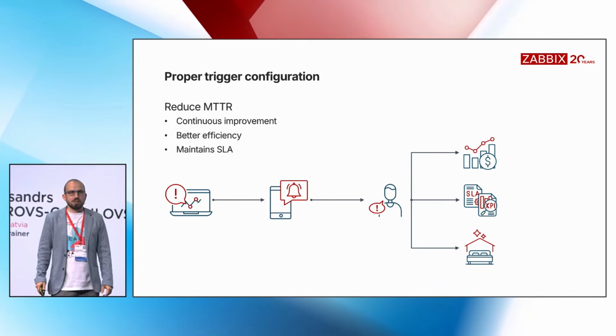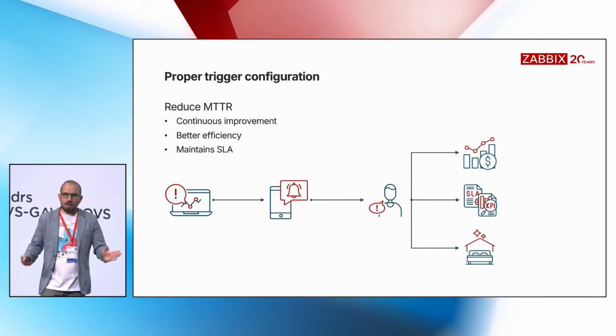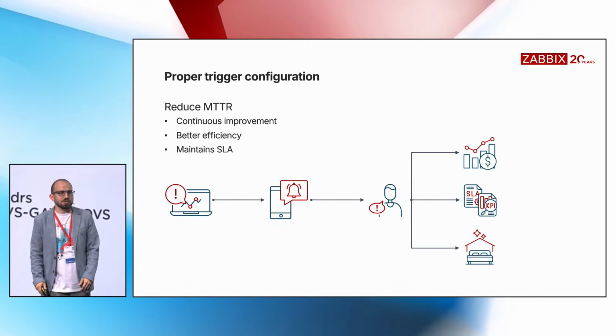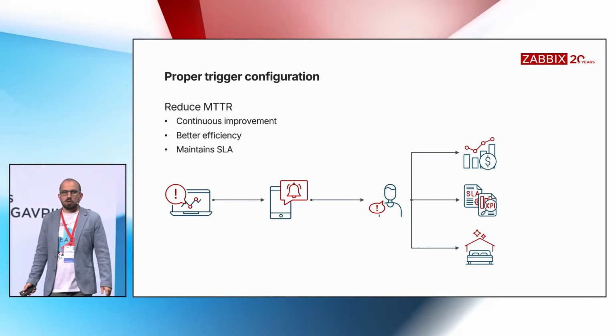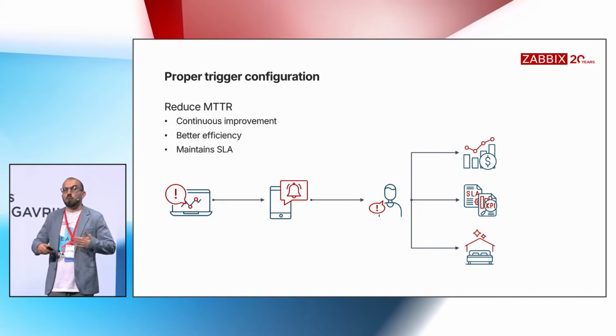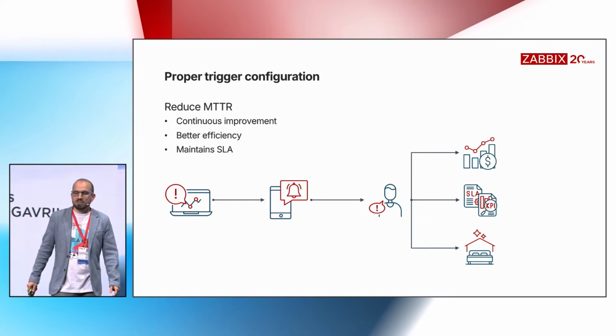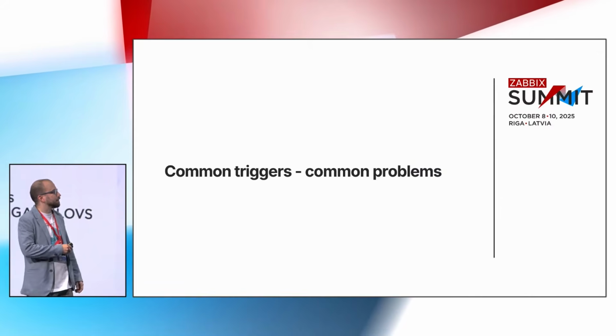And that, of course, will bring better efficiency in terms of how fast and how permanently the problem will be resolved. And that will allow us to maintain SLA, right? So our customers will be happy, we will be happy, maybe people we work with will be happy, right? They will sleep at night, and also we will get much more money from the customers.